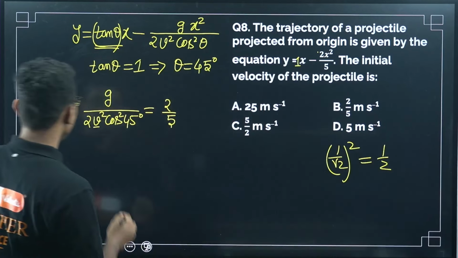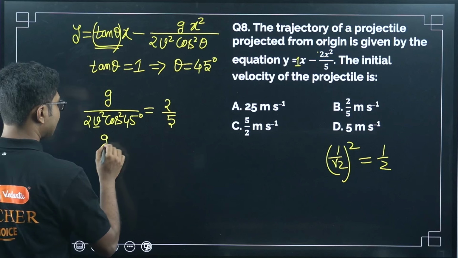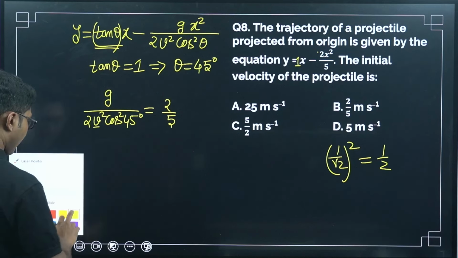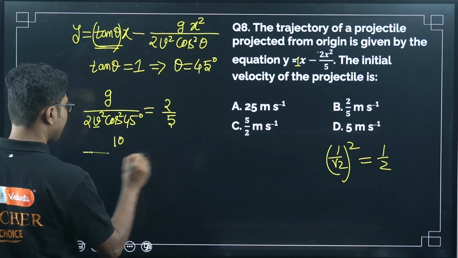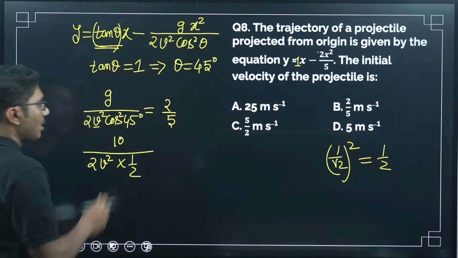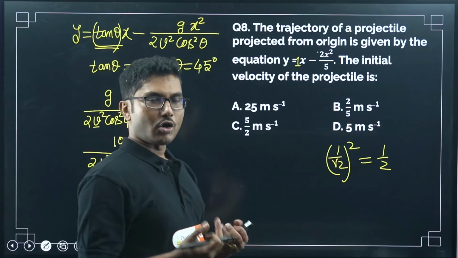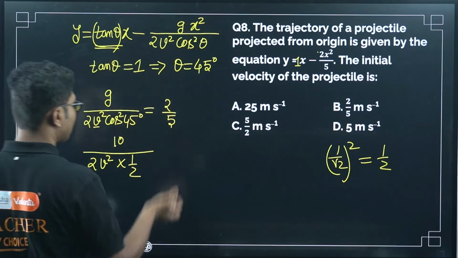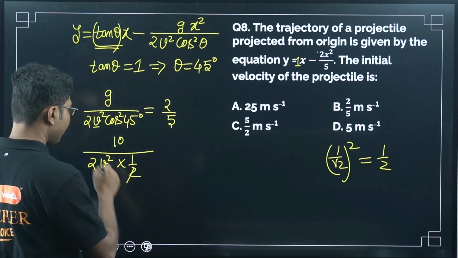So you can write this as g is 10. Let me write the values here. 10 divided by 2v square times half. Cos 45 is 1 by root 2, so cos square 45 will be 1 by 2.